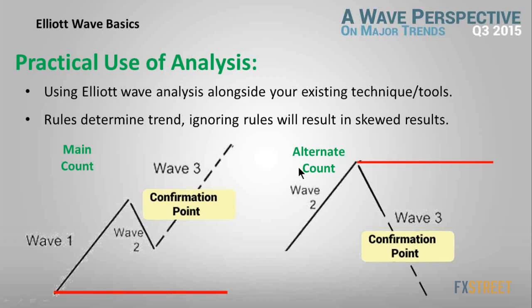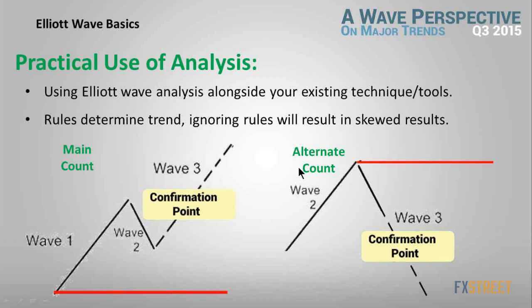You see, no one can predict the market with 100% accuracy. Therefore, having an alternate count is a powerful technique to help us understand what the market is doing in case it unfolds against us. For both counts, we use a confirmation point.